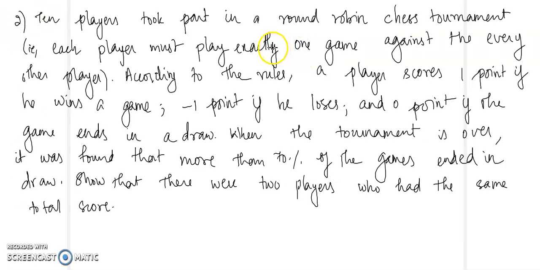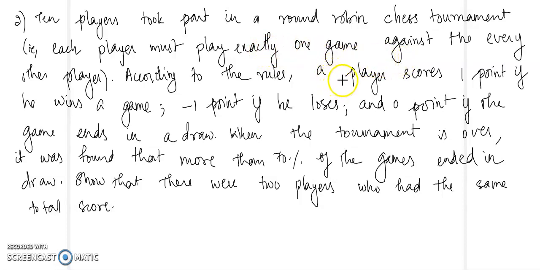So let us look at another problem. The next problem is: 10 players took part in a round robin chess tournament. That is, each player must play exactly one game against every other player.